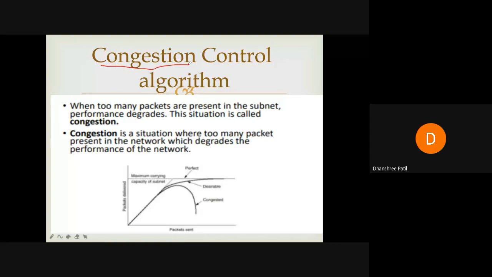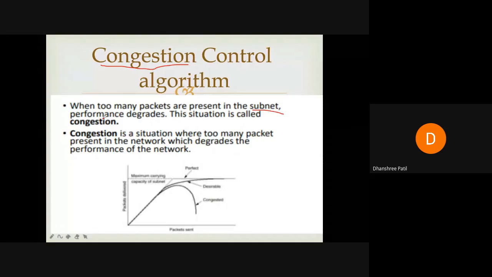Congestion control algorithm. What is meant by congestion? When too many packets are present in the subnet or in a network, then performance degrades. We can take our own example also. ज्यावेळेस खूप साऱ्या गोष्टी डोक्यात चाललेल्या असतात त्यावेळेस काय होतं, लेक्चर मध्ये काय चाललंय we don't know.